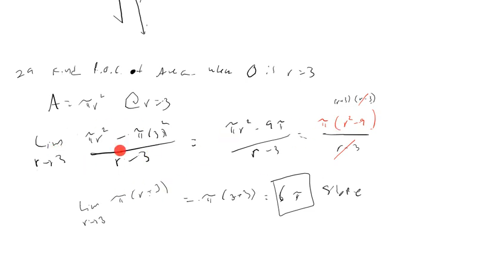You're taking the slope formula and making the x values match. You're shrinking the slope: instead of two separate points, the two points are coming together. And when they come together, that's when you find the instantaneous rate of change. That's what's happening here: your limit, as you approach this particular value, of the formula minus the value over r minus 3, your slope formula.